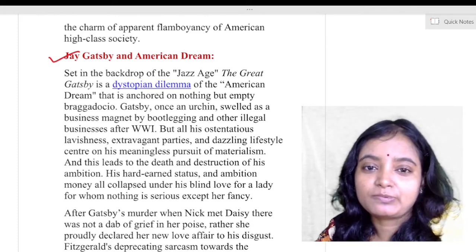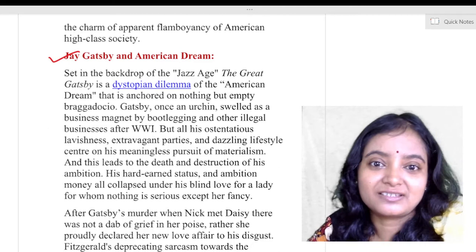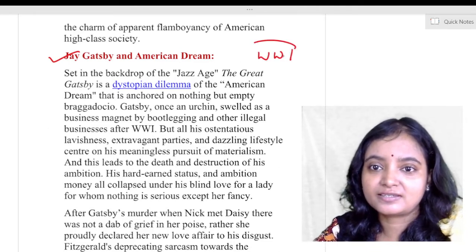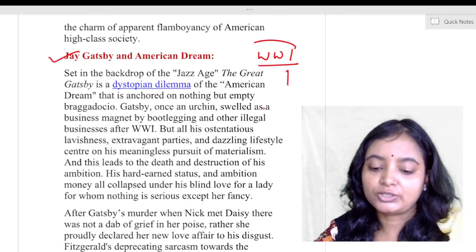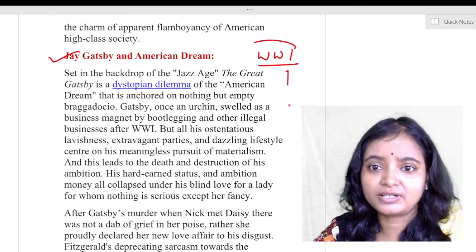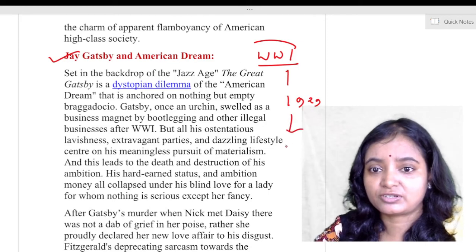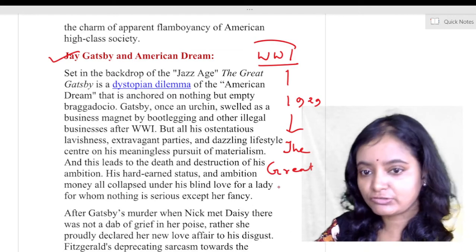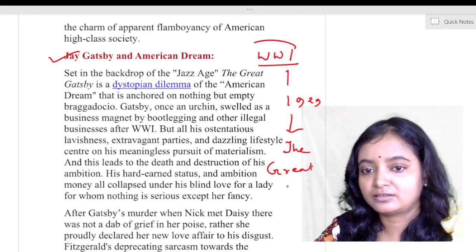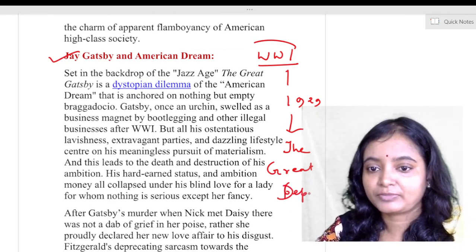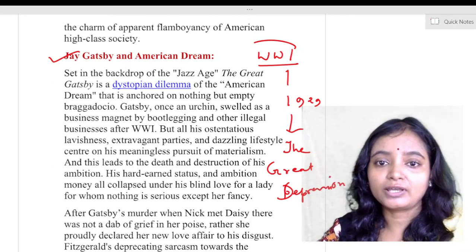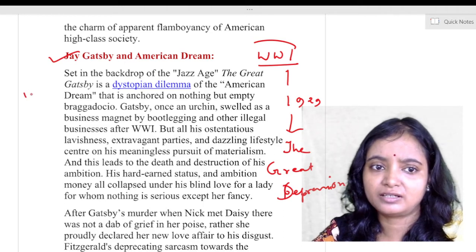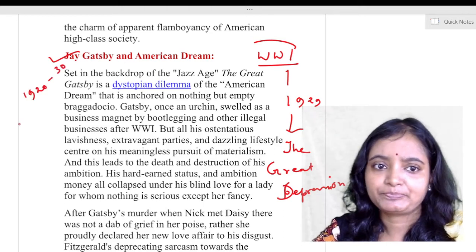Now, set against the backdrop of the Jazz Age. Okay, what is the Jazz Age? After the First World War, the Jazz Age started in America, and it continued until the Great Depression. So it is the actual related time span. The Jazz Age was a time period from, you can say, 1920 to 30.